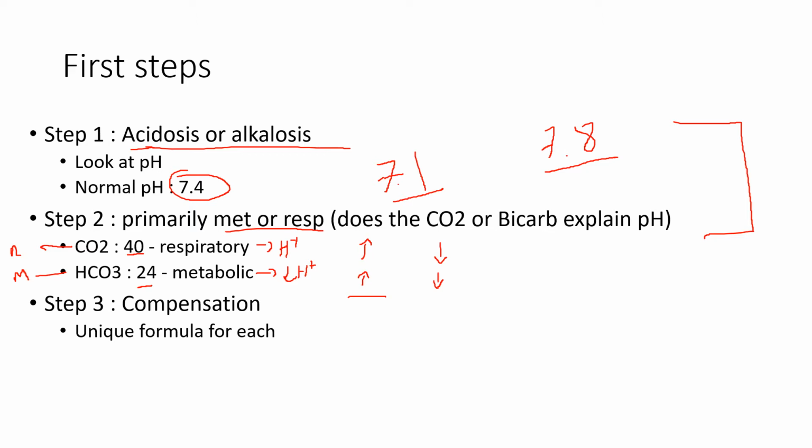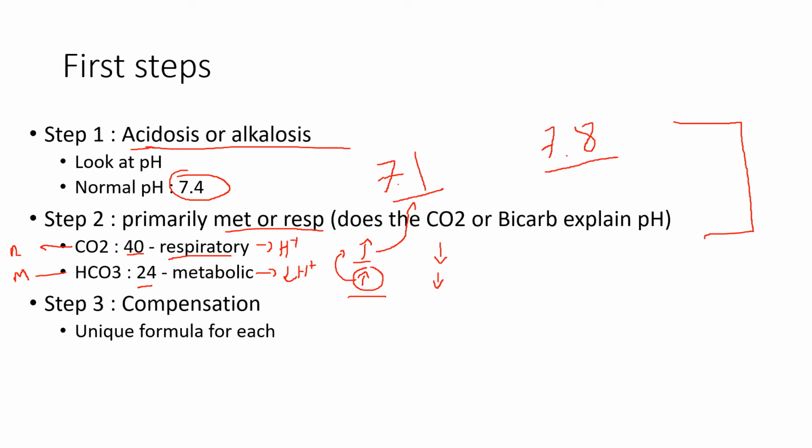A high CO2 would cause an acidotic-like condition, so it explains our low pH. So now we know we're dealing with a respiratory acidosis. Whichever change explains your low pH is the one that is the primary condition. A high bicarb is not causing a low pH. It would cause a high pH. This high bicarb really is just a compensation for our high CO2, which is our primary condition.